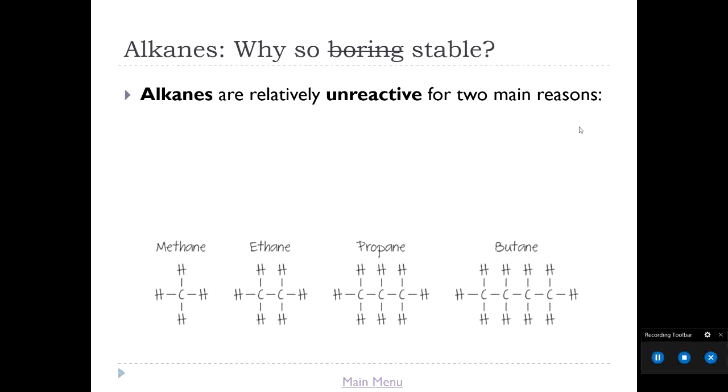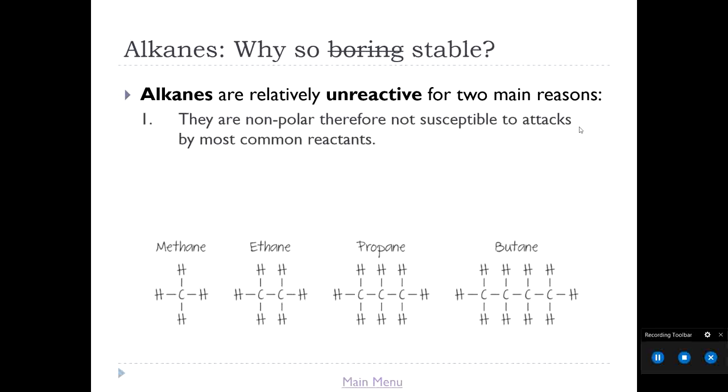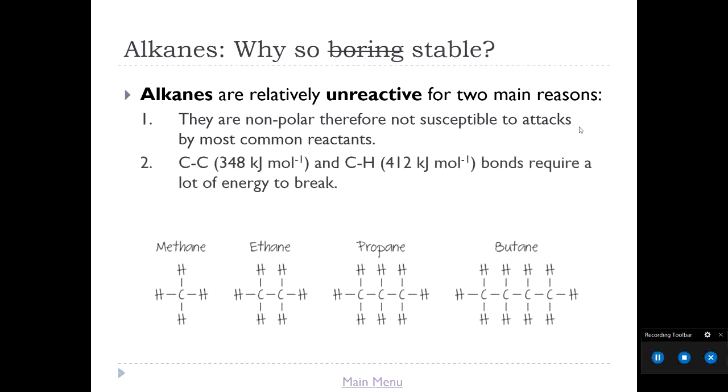So they're relatively unreactive. The first reason is because they are nonpolar. We'll come across this more when we get into more specific reactions, but anything that's nonpolar is generally not susceptible to attacks by most common reactants. So we can't really get things to be attracted to and to attack the alkanes.